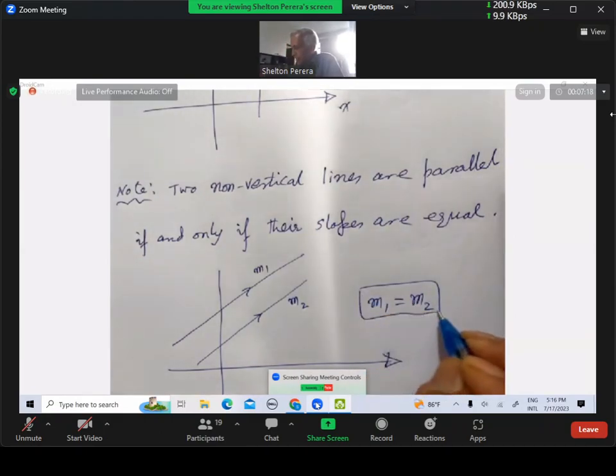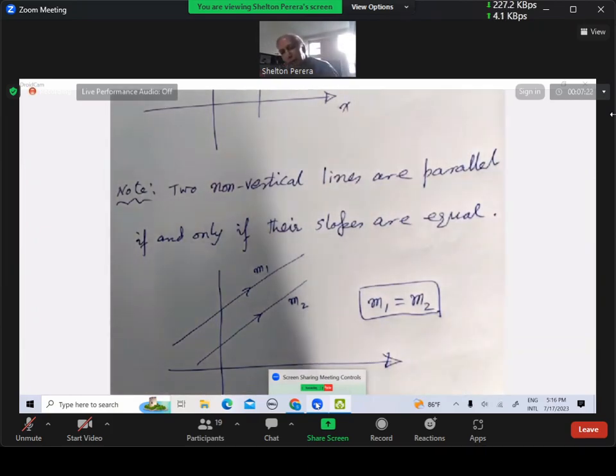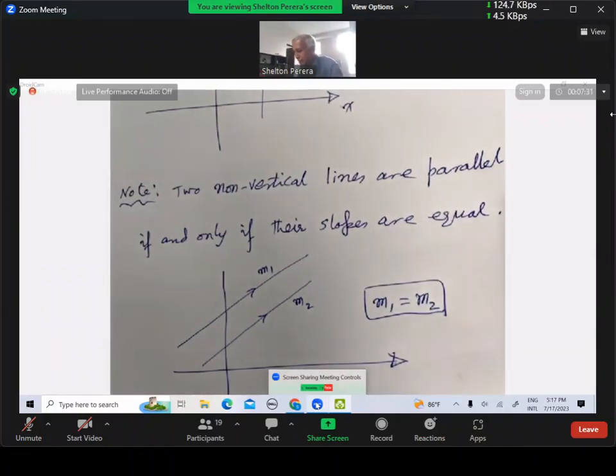That is the condition. Using similar triangles, you can prove that. But at least know the condition. Slope is a measure of steepness. If their slopes are the same, then the two lines are parallel.